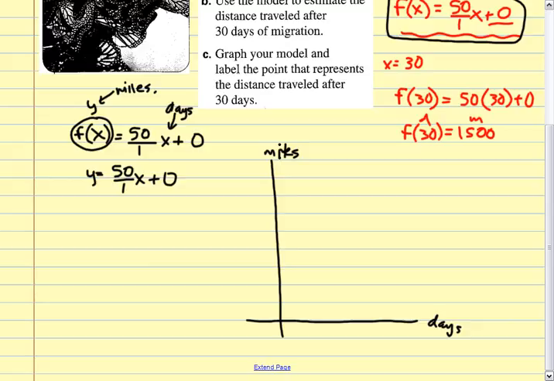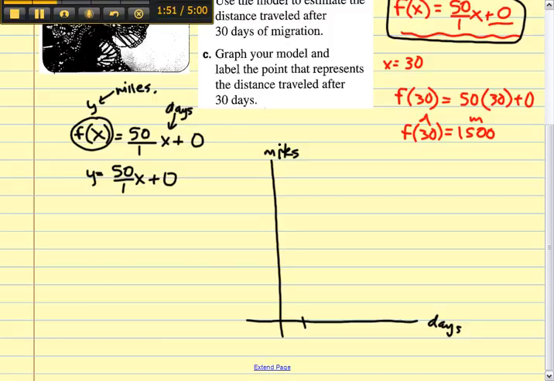Now, since we're talking about 40 days, I'm going to let each one of these equal 5. That's 5 days, 10 days, 15, 20, 25. I don't like that last one. Let me move that back. Okay.